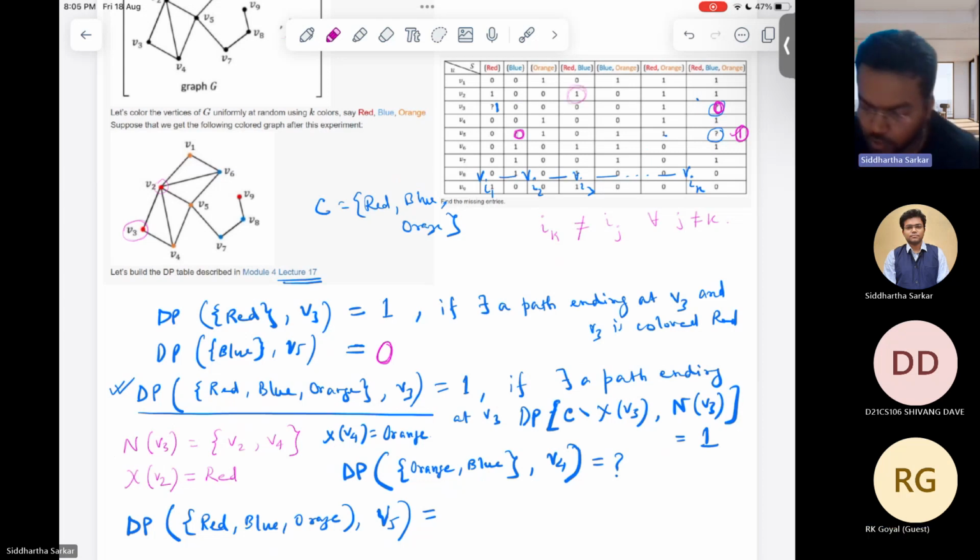So this one would be coming again from the neighbors of V2. V2's color is red, and V2 has many neighbors. Look at V1. V1 is orange. So V1, orange is 1, so from this we have got this.